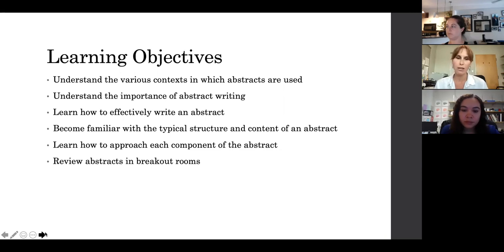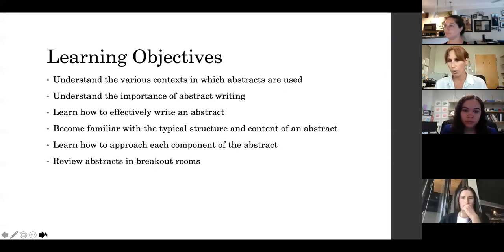Okay, so if you receive an invitation to be a host, please accept that invitation. So your breakout room number will correspond to the abstract number that you will review. Okay, so if your breakout room is number 4, you will be reviewing abstract number 4.